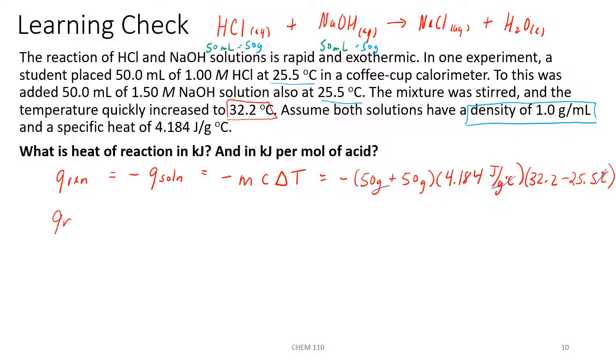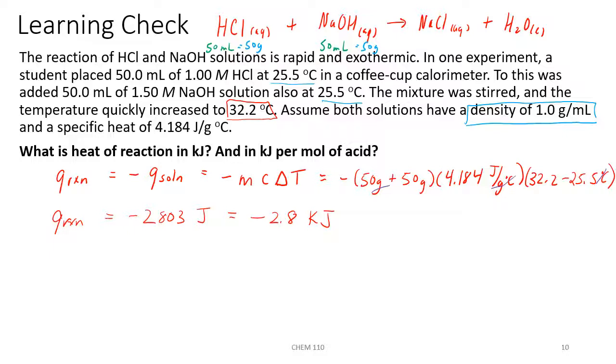So the heat of the reaction, or Q reaction, will be equal to negative 2,803 joules. And a joule is a pretty small amount of energy, so often it's reported as kilojoules. If we were to divide by 1,000, we would have 2.8 kilojoules of energy that were released when this acid-base neutralization took place.